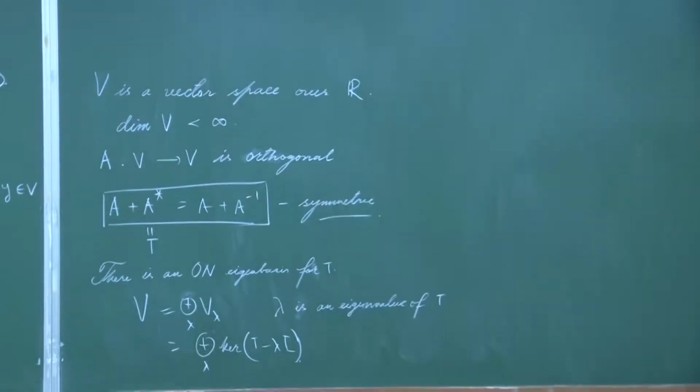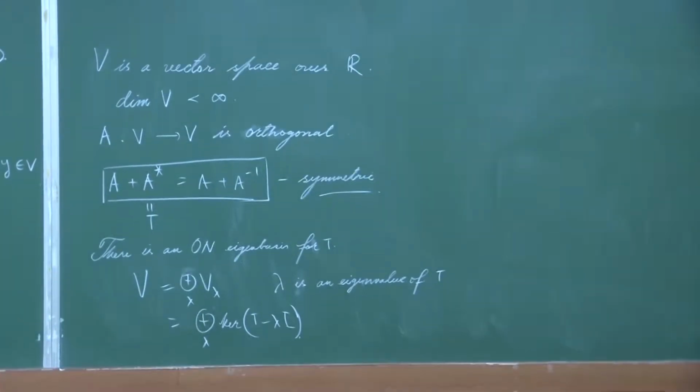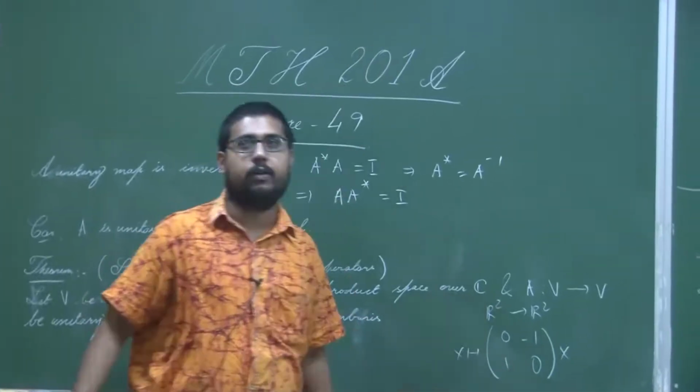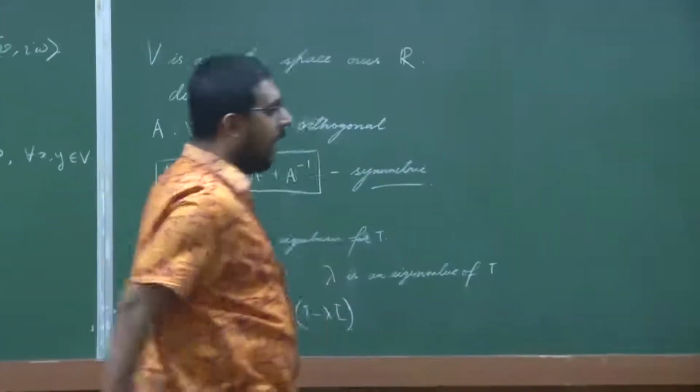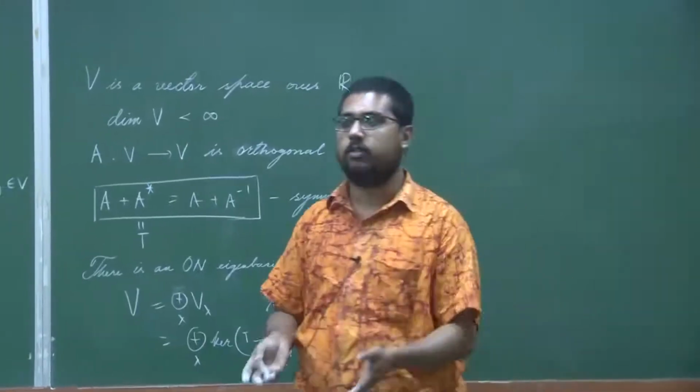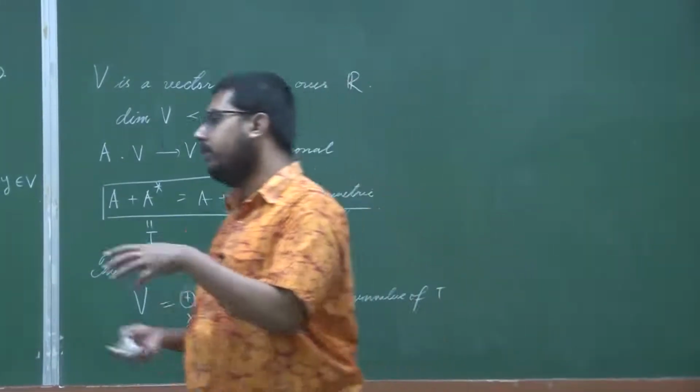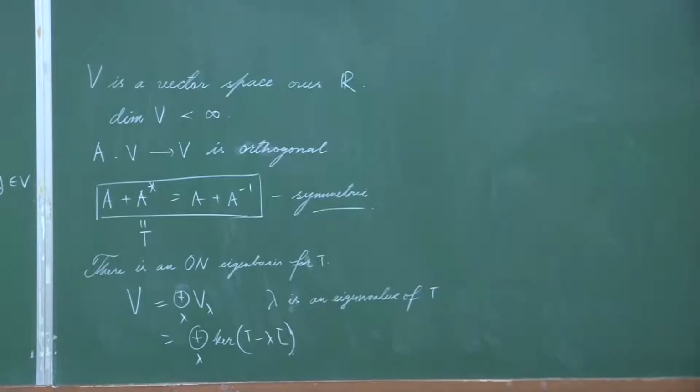As I said, we cannot have a spectral theorem like this for orthogonal operators. This is a counterexample for that. Therefore, we will try to guess as much as we can, and somehow decompose the entire space.